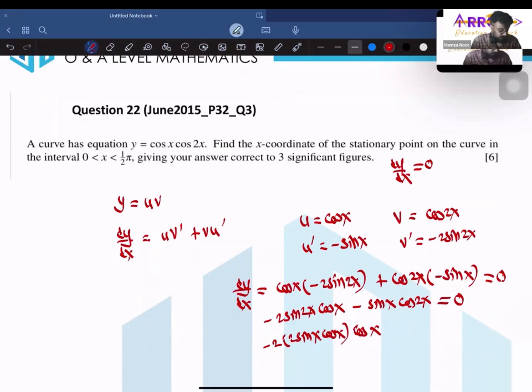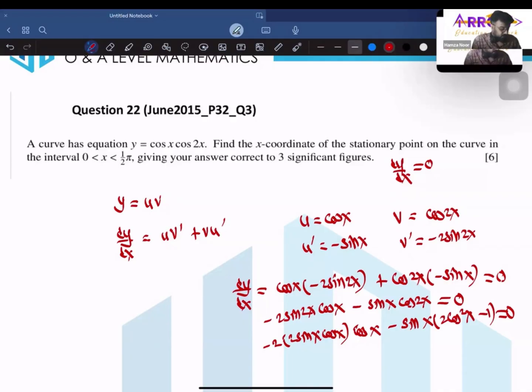And then minus sin x multiplied by, in place of cos 2x, I can write 2 cos square x minus 1, as we know that in place of cos 2x, we can write three forms. I've used this particular form, 2 cos square x minus 1, and let's see what I can do in the very next steps.